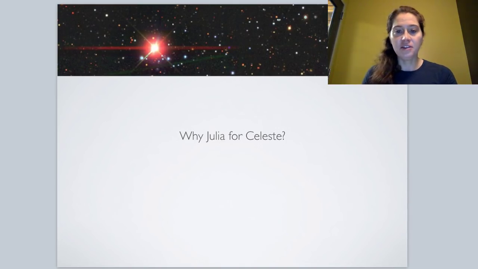And so rather than needing to face this two-language problem, the Celeste research team was able to work in Julia, which meant that the entire research team, the domain scientists, the computer scientists, the statisticians, everybody, was able to work in the same code base and the same language from the beginning. That meant the team was much better able to function as a team.